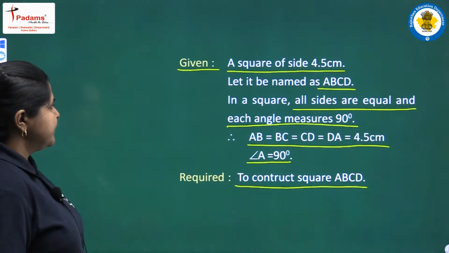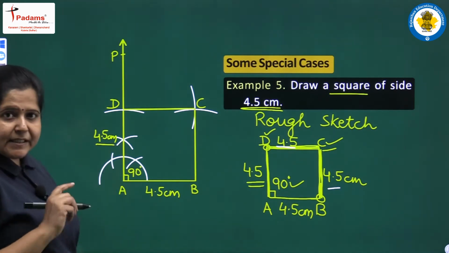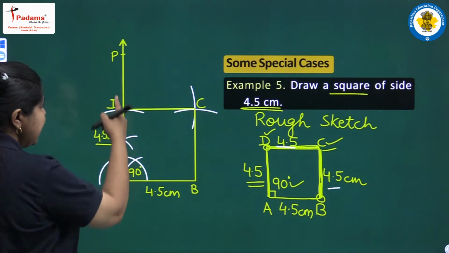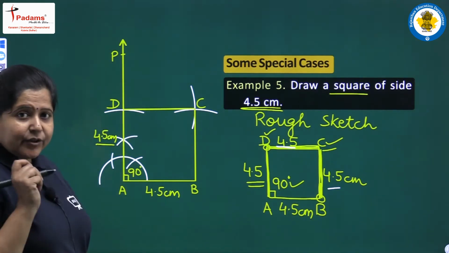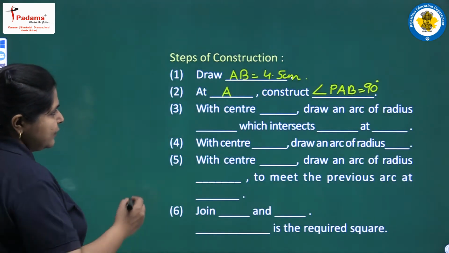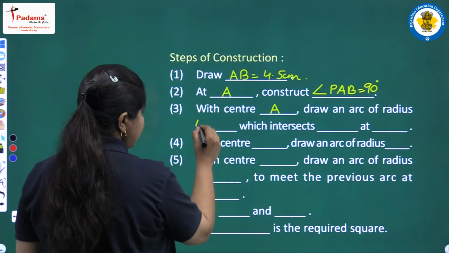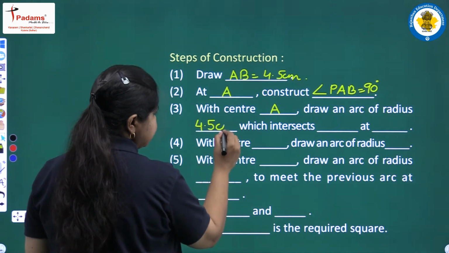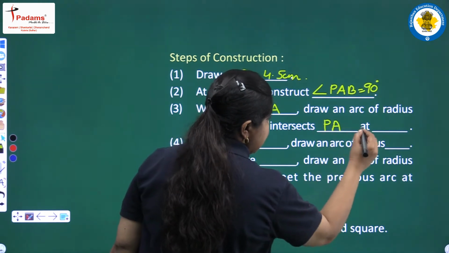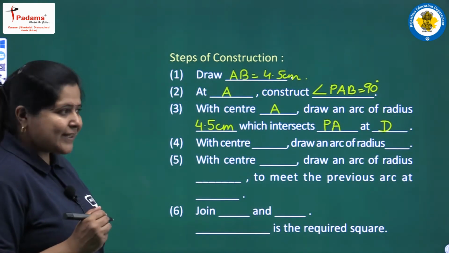What next? With center A and radius 4.5 centimeter, draw an arc which intersects PA at point D. You need to give this name D also. So we write here: with center A, draw an arc of radius 4.5 centimeter which intersects PA at point D. Okay, then what next?